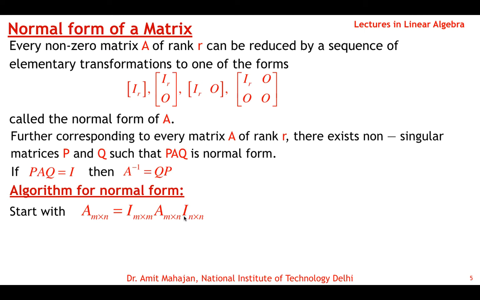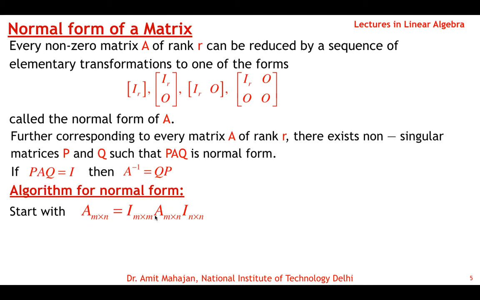So these identity matrices may not be of the same size. For a square matrix they are of the same size, otherwise the pre-matrix is an m cross m identity matrix, depending upon how many rows are there in matrix A, and the post identity matrix is an n cross n identity matrix, depending upon how many columns are there in the matrix A.